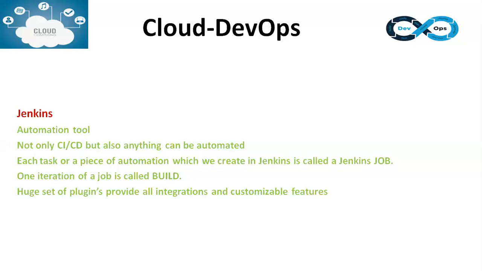That means any number of times you run a Jenkins job, each run is called a build. And because of, as I told you, the huge number of plugins which provide all the integrations and customizable features in Jenkins. These are the main aspects of Jenkins, and if you have any doubts you can ask me anytime in the session.